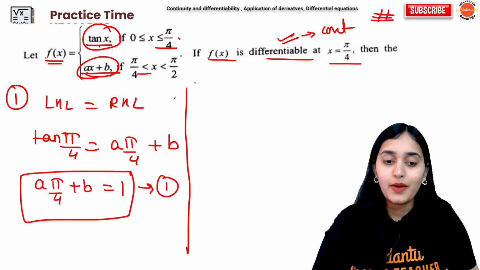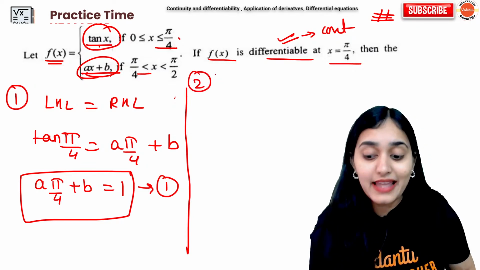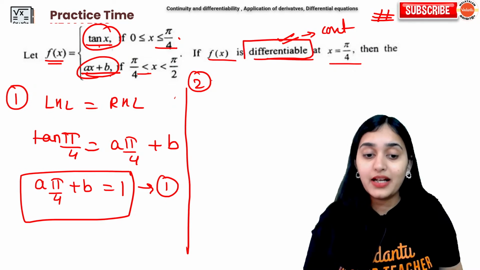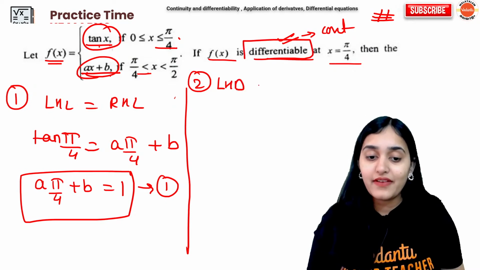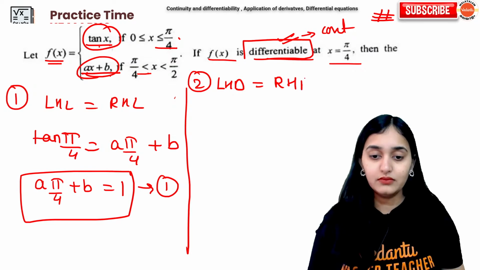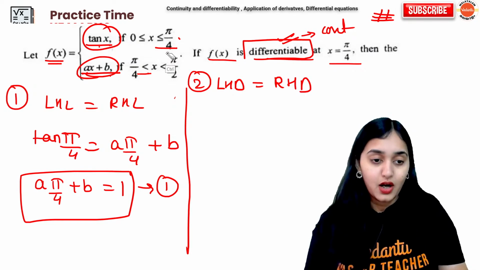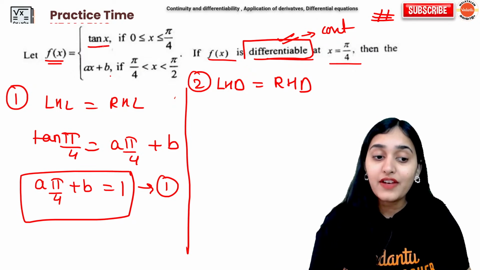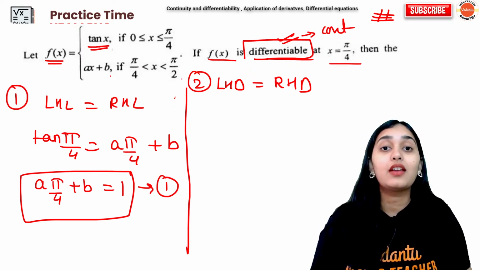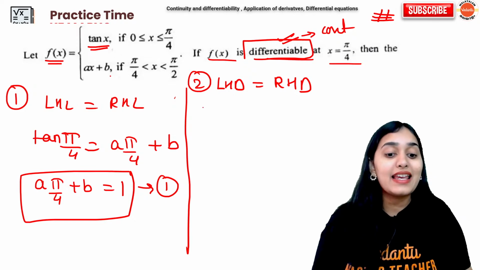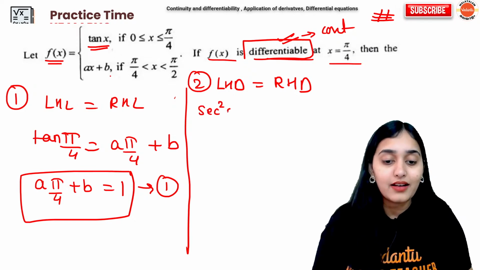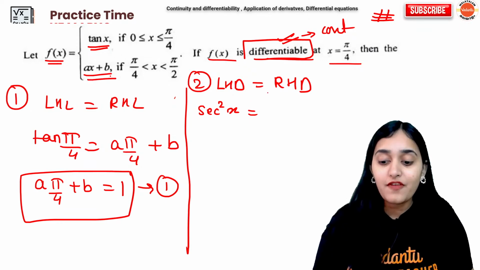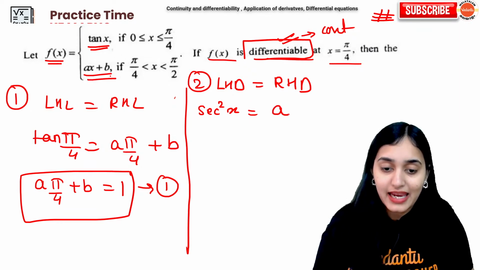Next we have equation number 2. How we will get that? So we know that it is differentiable. So left hand derivative is equal to right hand derivative. What is the differentiation of tan x? Differentiation of tan x is secant square x. What is the differentiation of ax plus b? Differentiation of ax plus b is a.